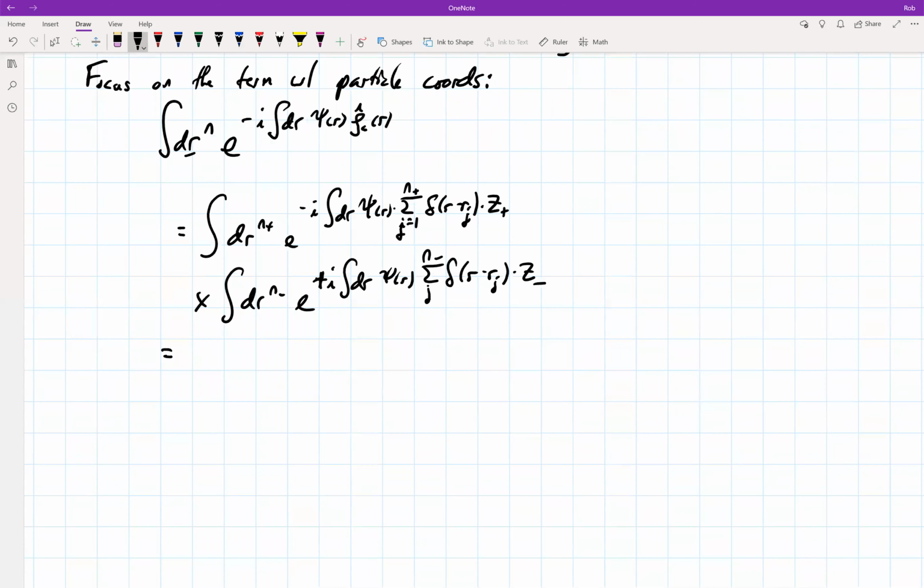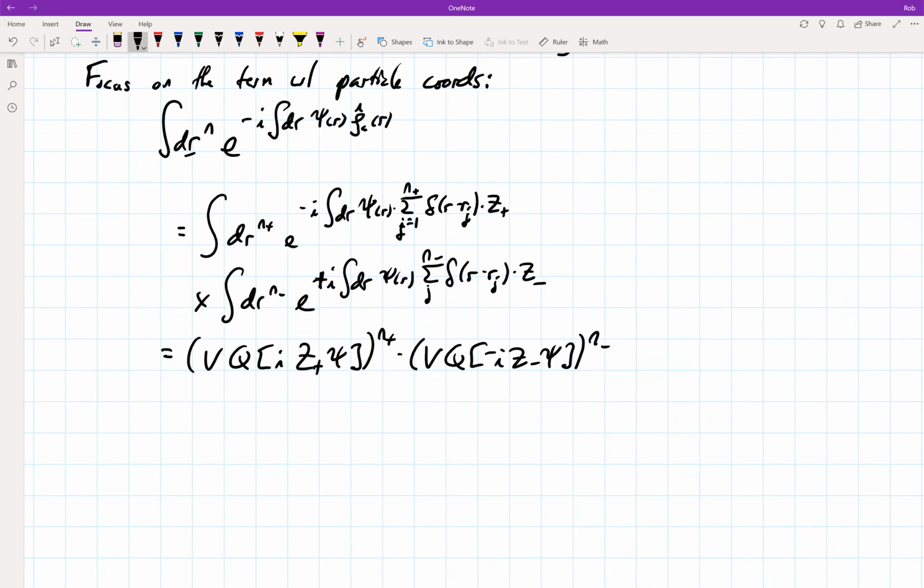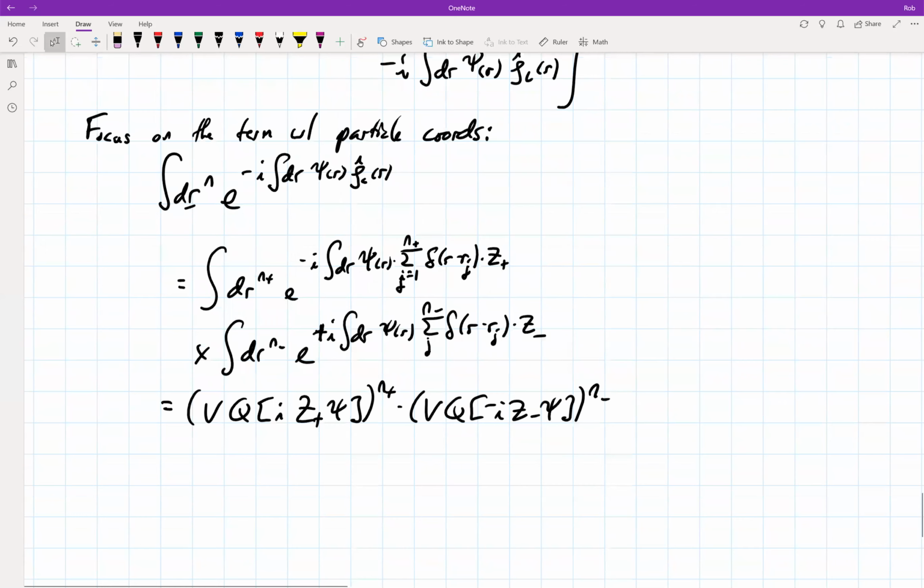So we end up with the first term becoming a VQ, a molecular partition function where the potential is just z plus times psi, all raised to the n plus. And this is multiplied by VQ, and here we have minus i z minus of psi, all raised to the n minus. All right, so that kills off the particle coordinate term.